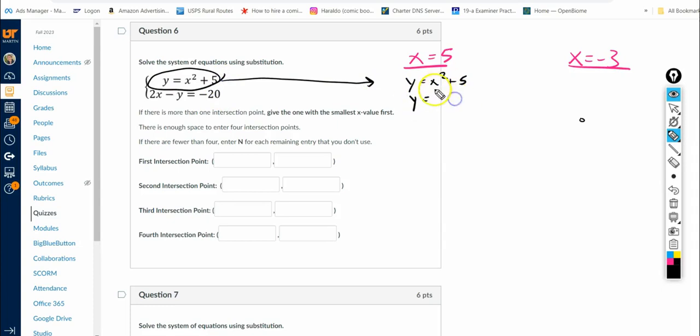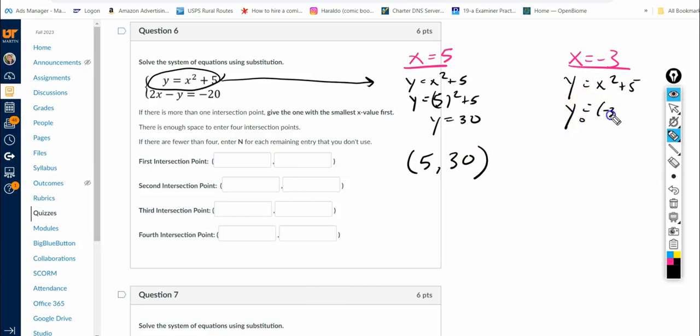So y is equal to 5 squared plus 5, which is 25 plus 5, which is 30. And so I do get an intersection point, 5, 30. And then here, if x is -3, this will become -3 all squared plus 5, which is positive 9, which is 14. And so I get a second intersection point, -3, comma 14.